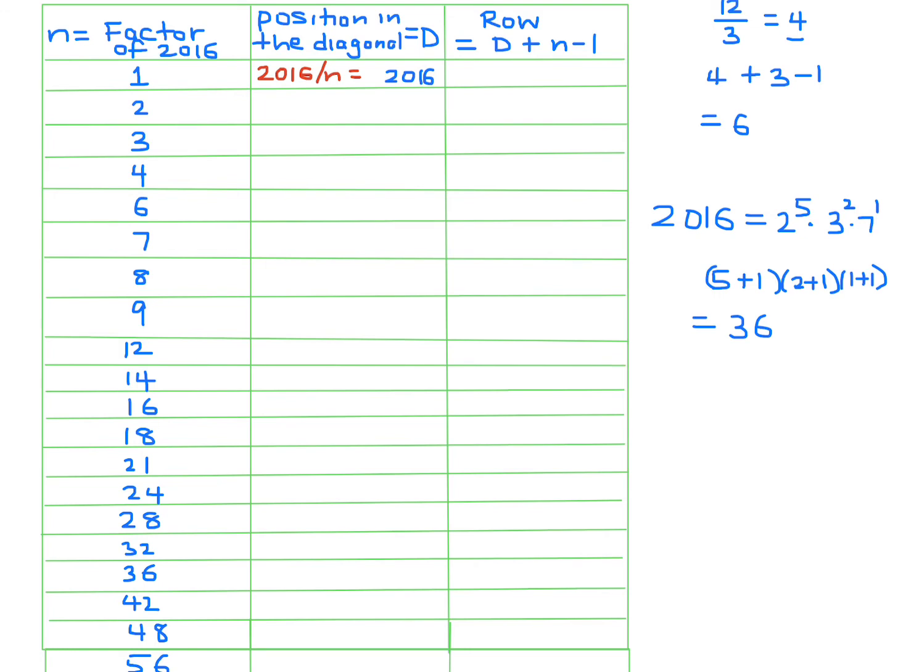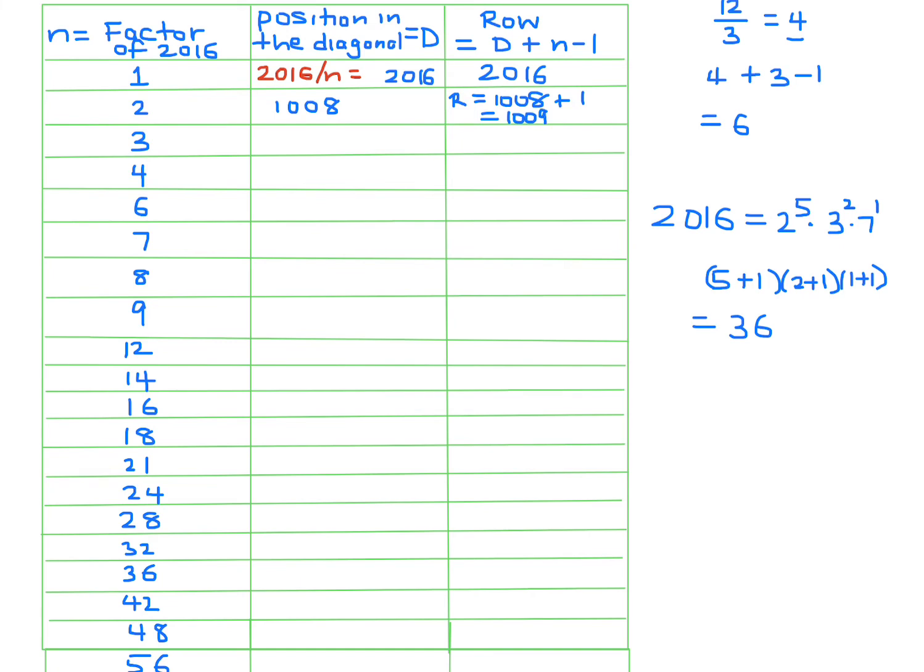Now the next one is D plus n minus 1. So this is my D, this is my n, so that's just going to be 2016. Let's do the next one. 2016 this time divided by 2 is 1008. Now my row R would be D, which is 1008, plus n minus 1, which is 2 minus 1, which is 1, so that would be 1009.